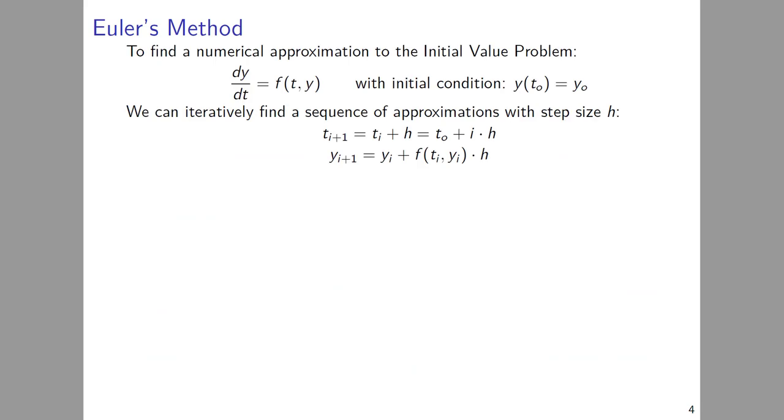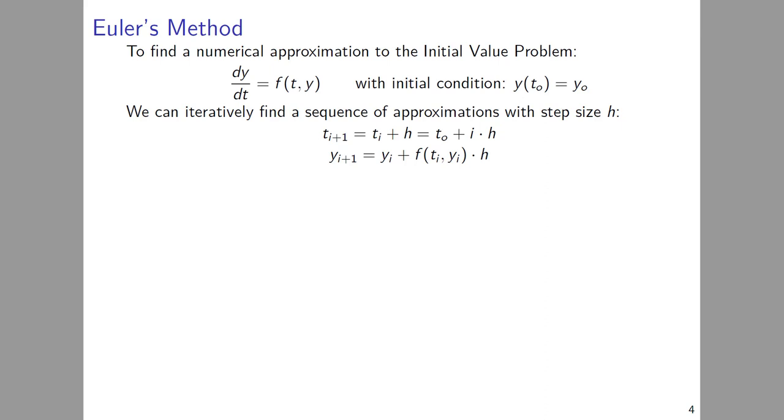The iterative step here is that we let t sub i plus 1 be t sub i plus h, which after i iterations is t naught plus i times h. And y sub i plus 1 is given by that local linear approximation formula, y sub i plus f of (t sub i, y sub i) times that step size h.